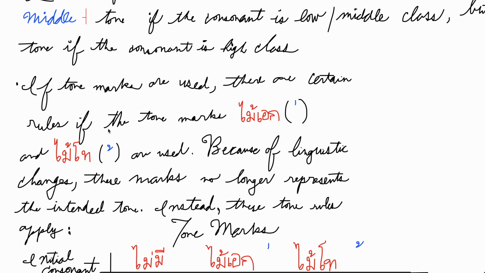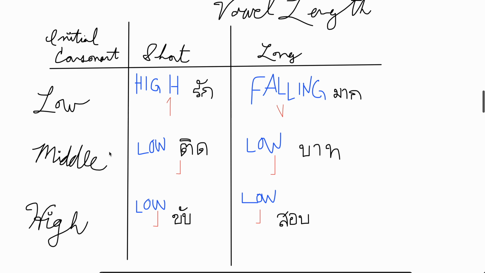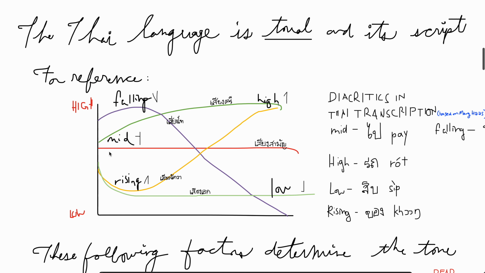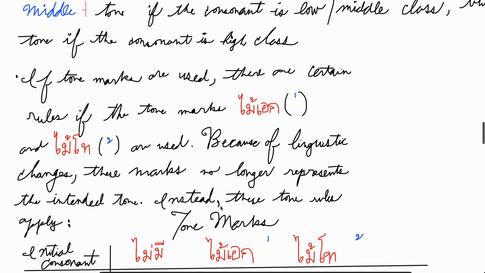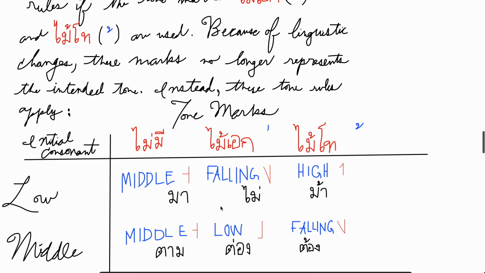Because of linguistic changes, these marks no longer represent the intended tone. So if you notice here, the Thai names for mai ek and mai tho should have perfectly corresponded to how these tones were used. Mai ek would have been a low, and mai tho would have been a falling, until it wasn't. It's not that way anymore. So we have these different rules.